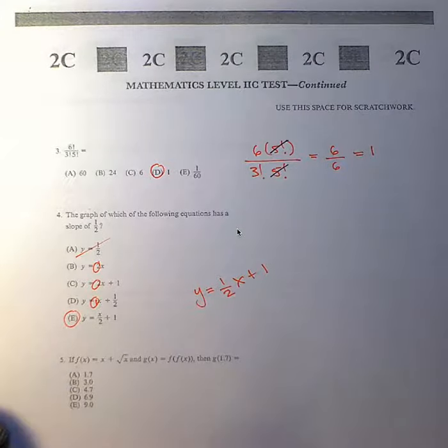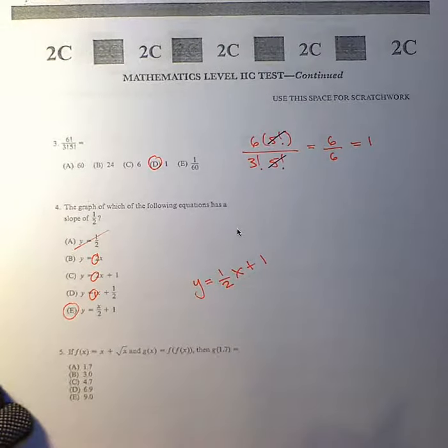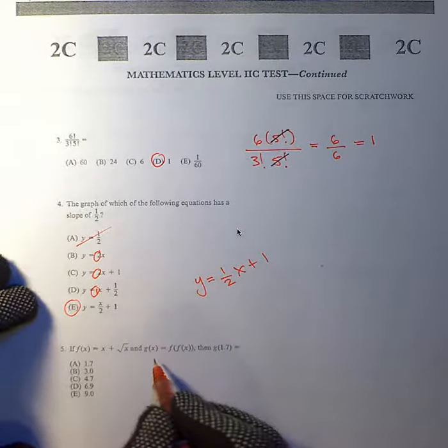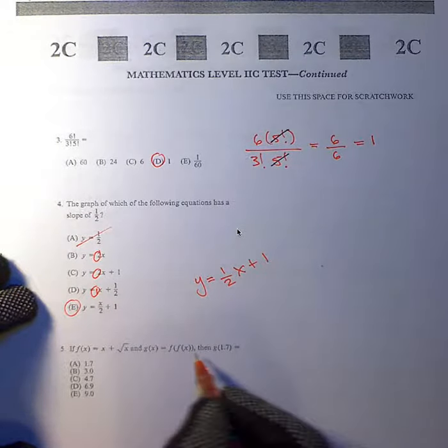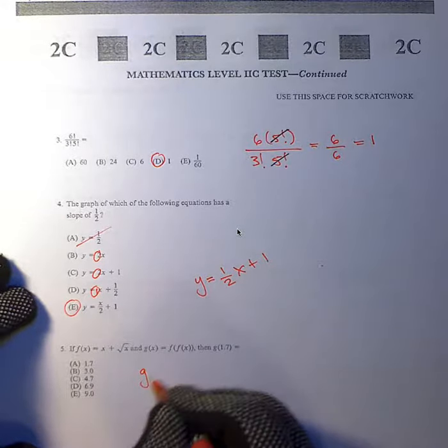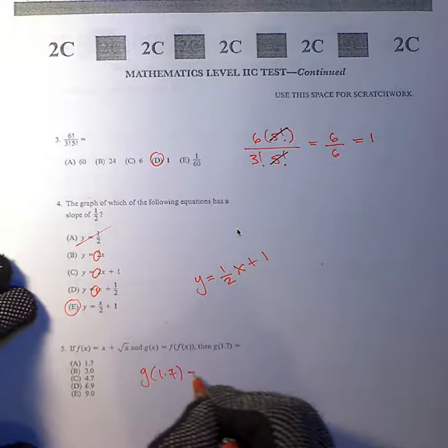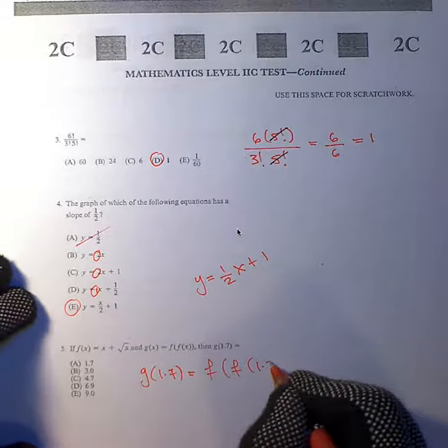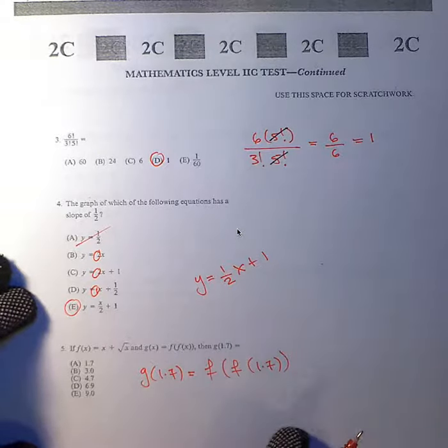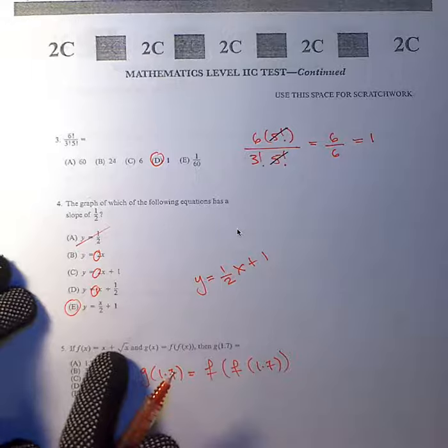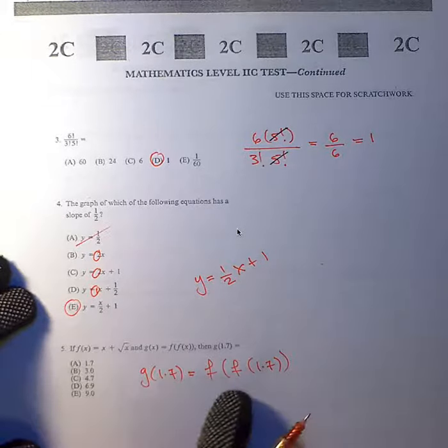Now, number 5. Number 5, I'm going to teach you a calculator trick that will save us. It says that g is f of x, and it asks you for g of 1.7. So g of 1.7, first notice, is equal to f of 1.7. But then you'd have to plug 1.7 into f, take the answer, and then plug it back into f.